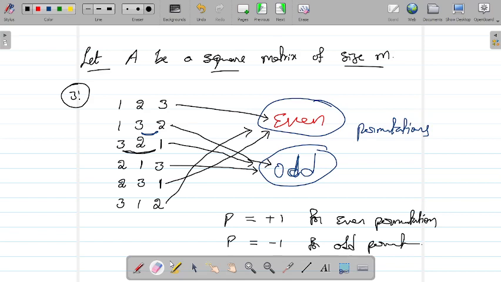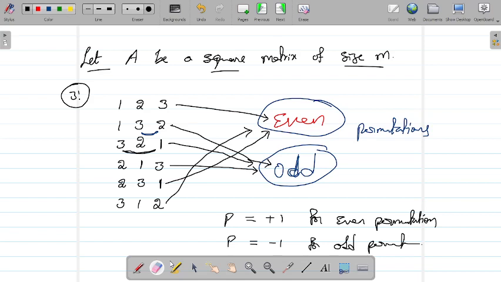And try to understand one thing. From the first row there is only one entry, and from the second row there is only one entry, and similarly from the mth row there is only one entry. Now let us look at the columns. For the time being, let me assume one permutation is 3, 2, 1, and the rest are the same, 4, 5 and so on up to m.